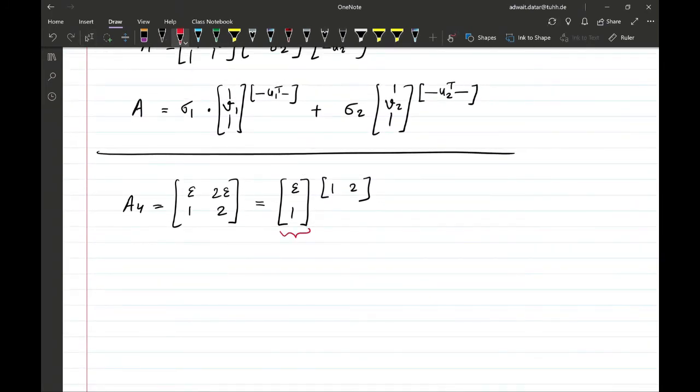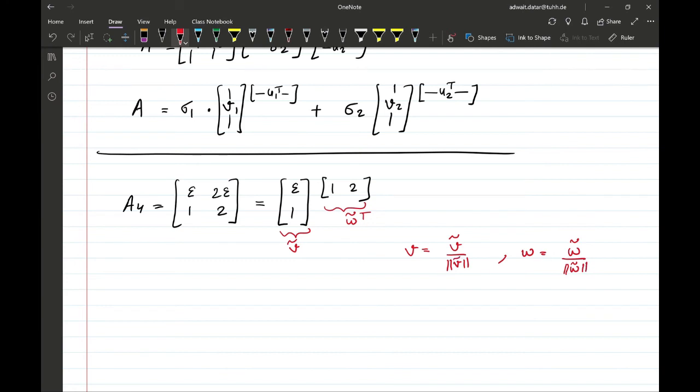Let's call this V tilde and let's call this W tilde transposed. So we could define V as V tilde divided by norm of V tilde and W as W tilde divided by norm of W tilde.